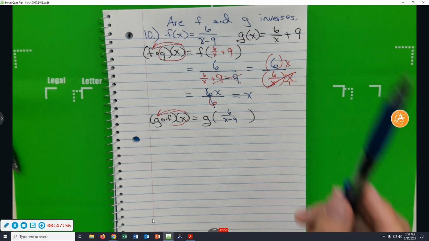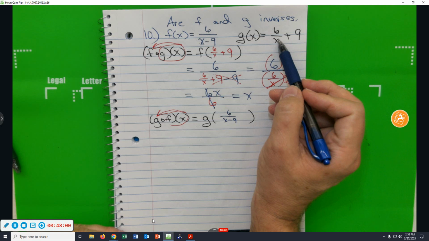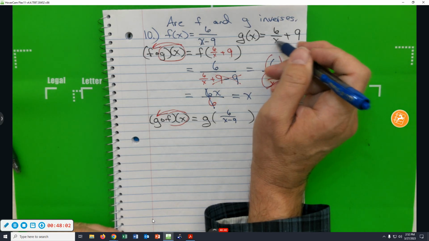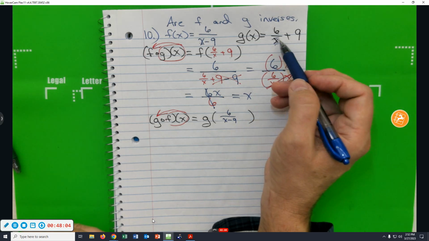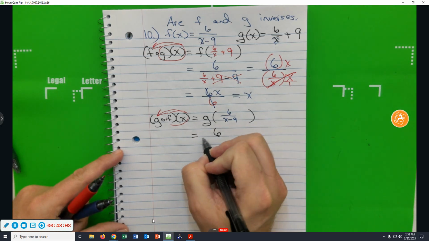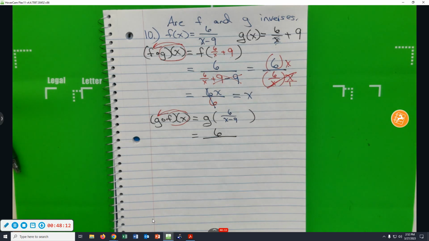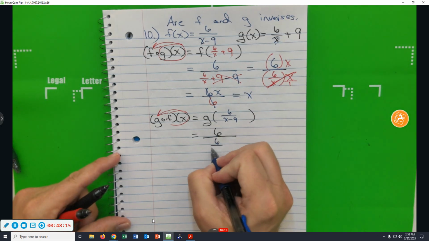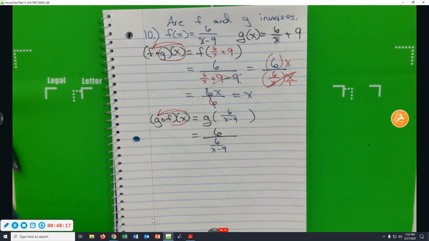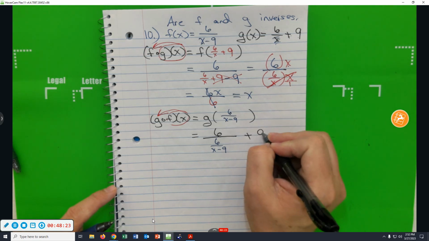We're coming up here to G, where we got 6 over x, and we're replacing that denominator x with the blue 6 over x minus 9. And I still have something stuck on there. What is it? That plus 9.